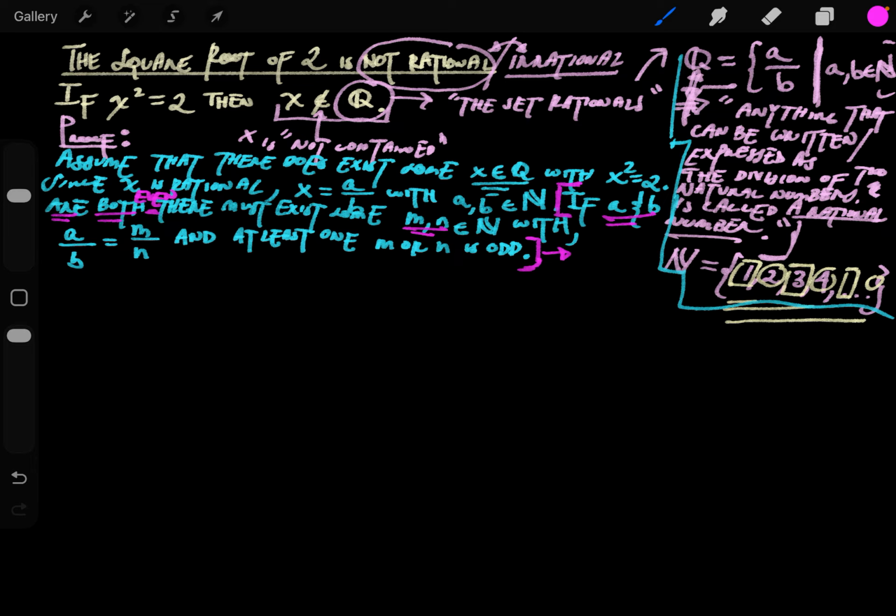Now, again, why is this true? Because if a and b are both even, a is even, b is even, then I could divide a by 2, and I get a natural number, right?